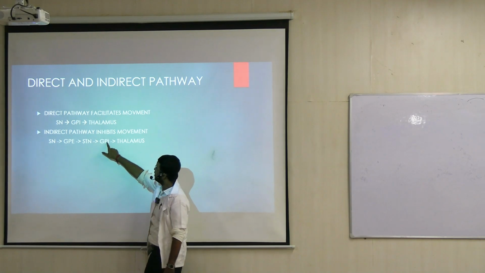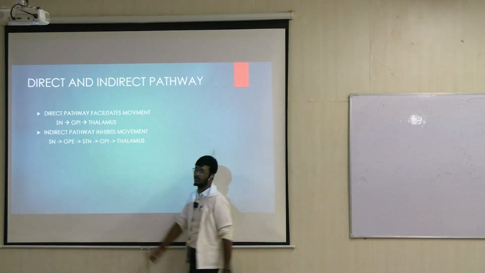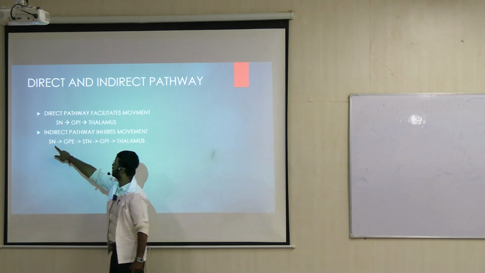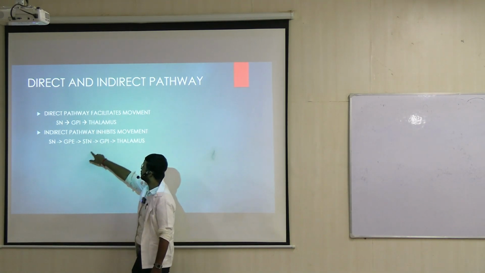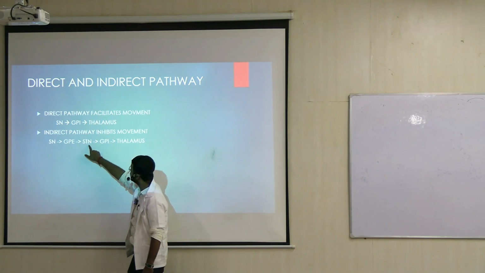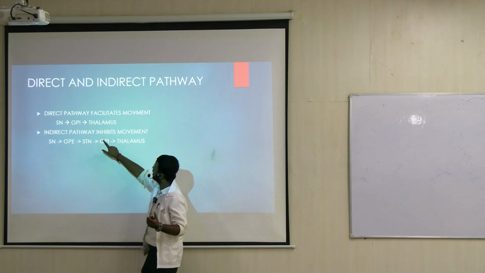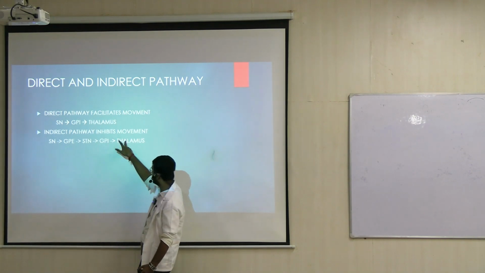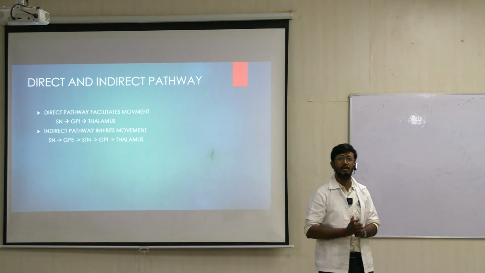Now your mother will not allow your father to do the movement. So this is the indirect pathway, where the substantia nigra stimulates the globus pallidus externa, which stimulates the subthalamic nucleus, which in turn stimulates the globus pallidus interna, your mother, and your mother will be inhibiting the thalamus. So your movement will be restricted and you cannot go to Goa.